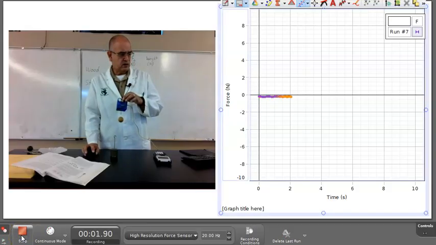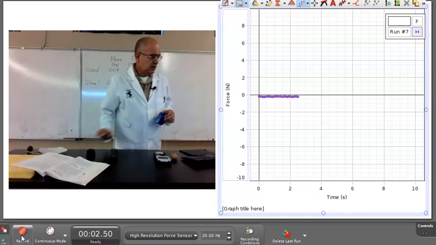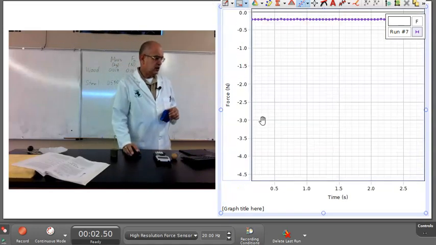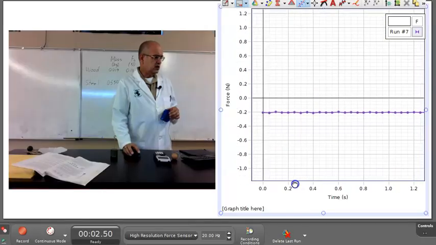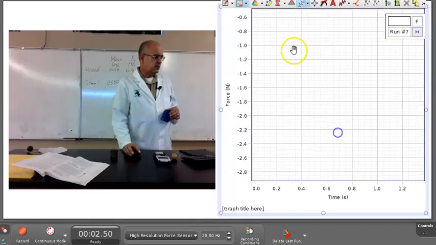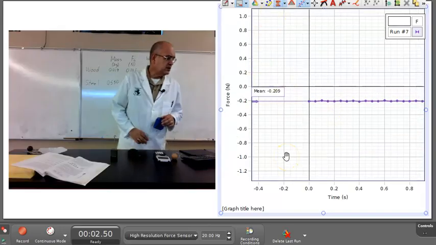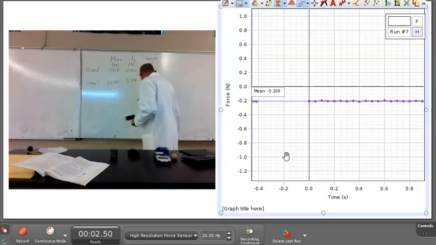1001, 1002. Okay, so we're going to hold that there. Let's go ahead and zoom in, and we see that the force downward is negative 0.21.